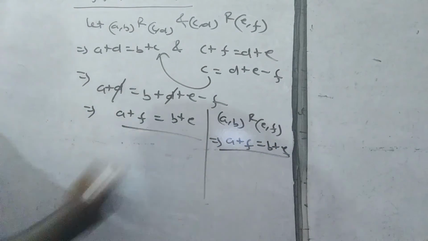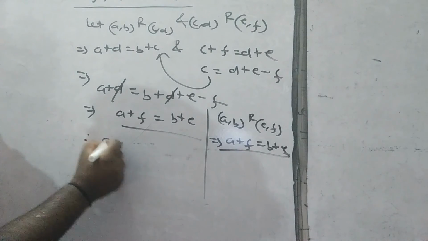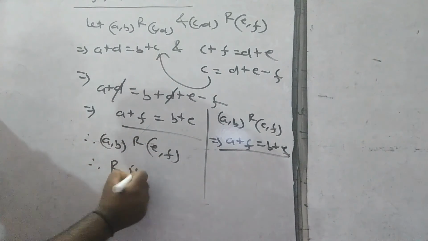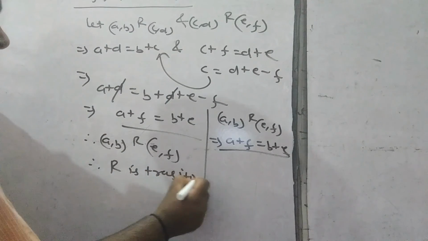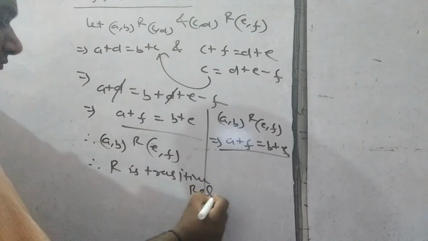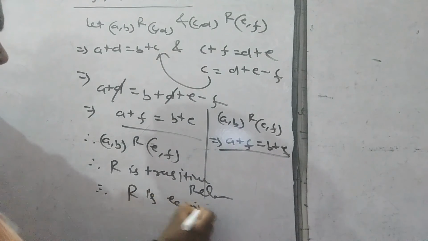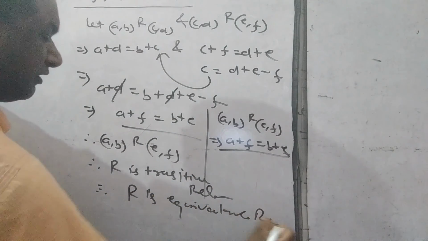Therefore (a, b) related to (e, f), therefore R is a transitive relation. And likewise, R is an equivalence relation because it satisfies all the relations.